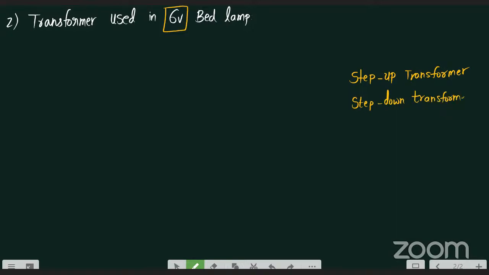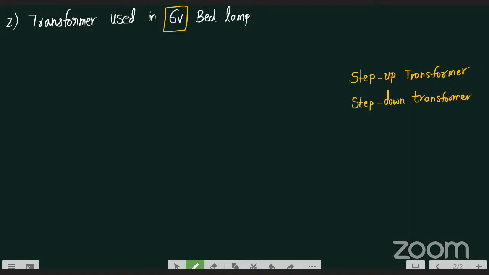What are those? One is the step up transformer and the other is the step down transformer. In order to increase the voltage, we use a step up transformer. In order to reduce the voltage, we use a step down transformer.